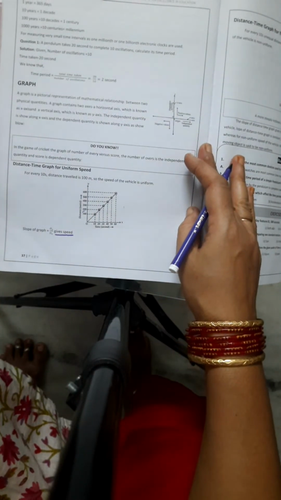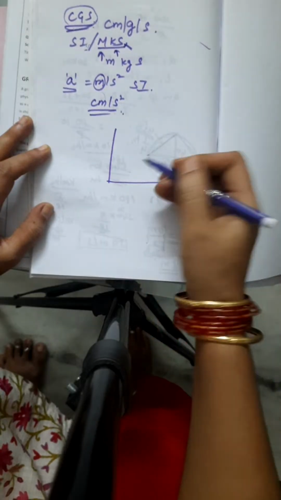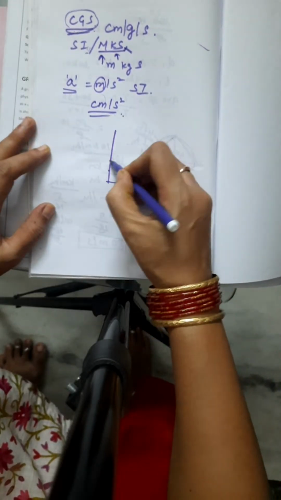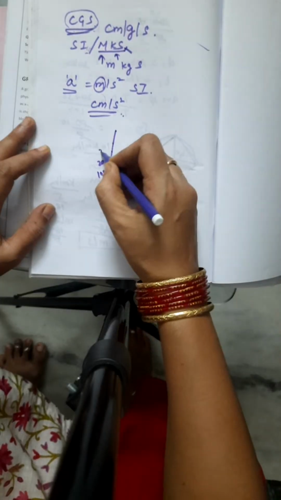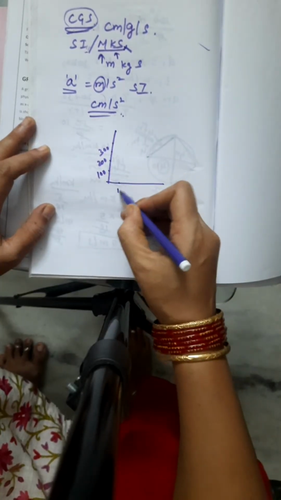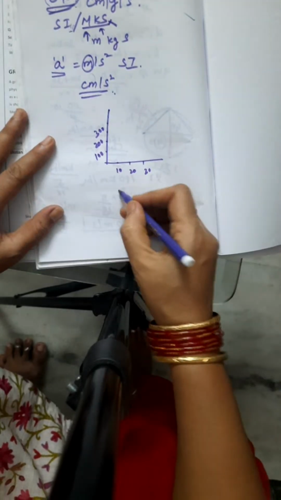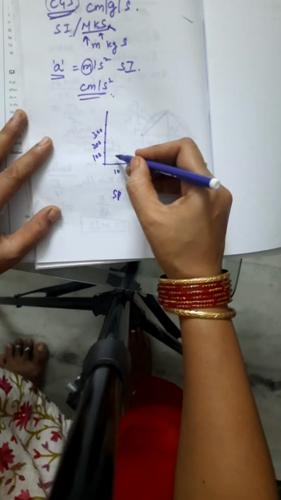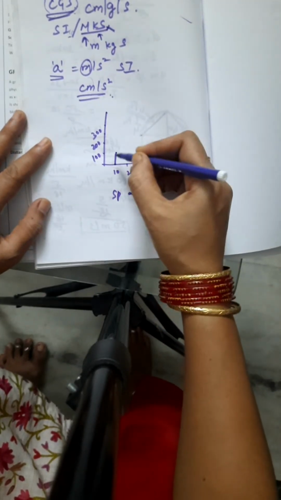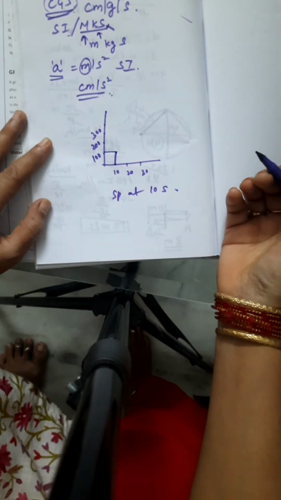Whenever they ask a graph based question, obviously one question will be there which could be of integer type. Here whatever the value they give, like here 100, then 200, 300, and here if suppose it is 10, 20, 30, if they ask speed at 10 seconds, first we need to make the vertical line on the 10, and from the same point we make one horizontal line.